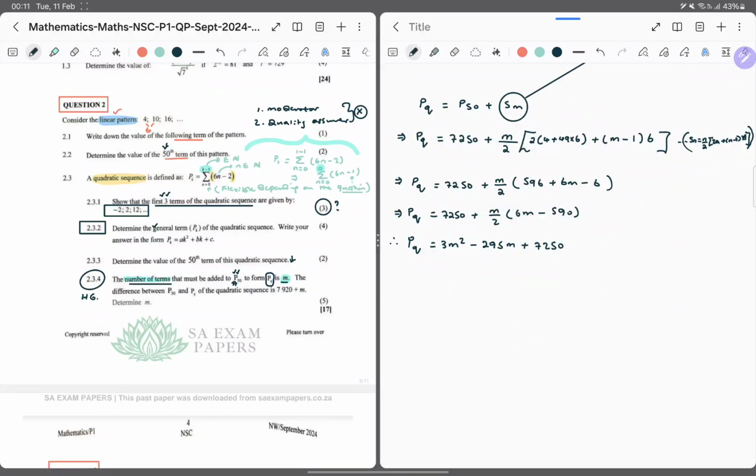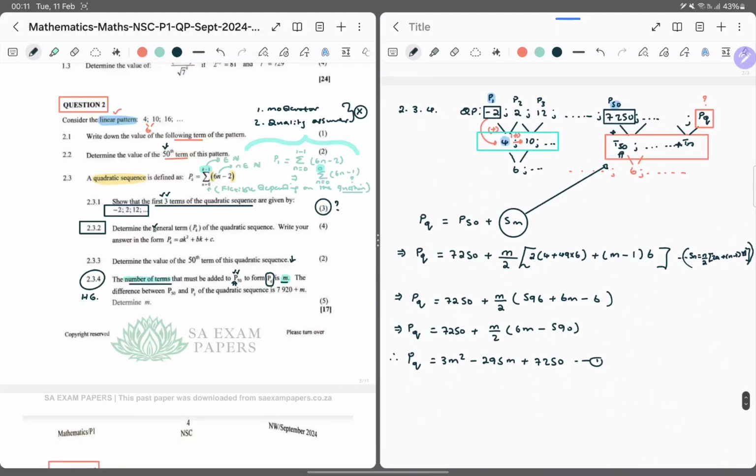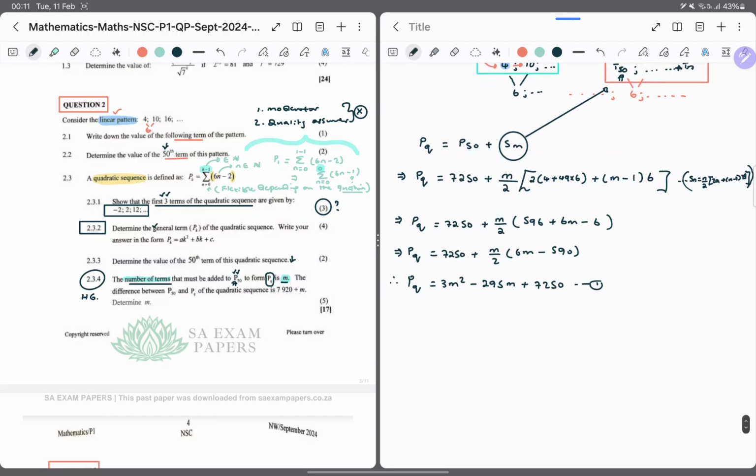So this is how we want to do this. Some people would choose to say this is equation 1 because, again, this uses the concept of simultaneous equations. But can you see how tough it is to set it up and to go with it? It's quite challenging. But let's have a look.